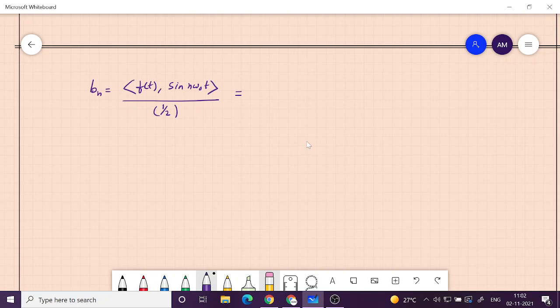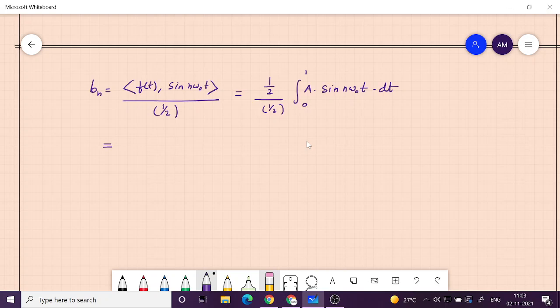Now the definition of inner product is 1 by T, and T is 2, and this half is still there, integral 0 to 2 actually, but I will only do up to 1 because from 1 to 2 f of t is 0, so it is A into sin n omega 0 t dt.